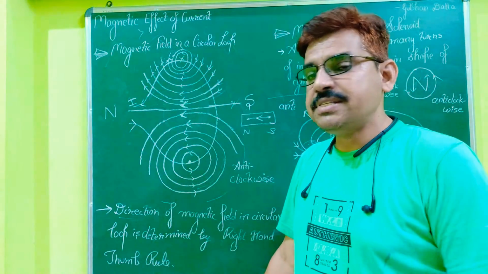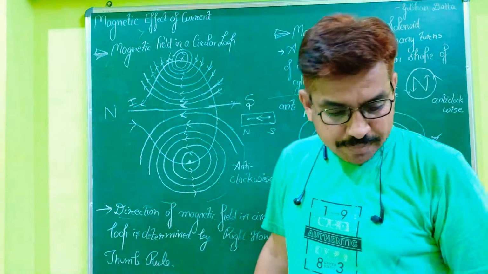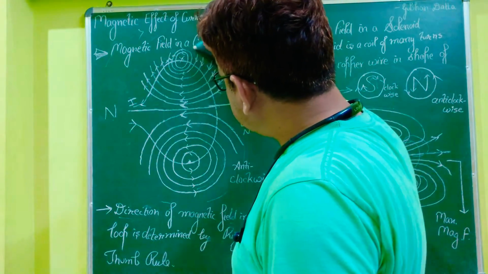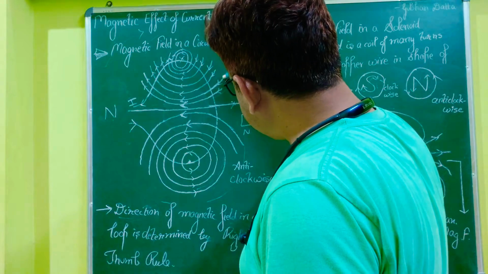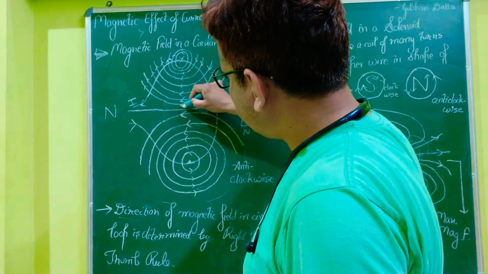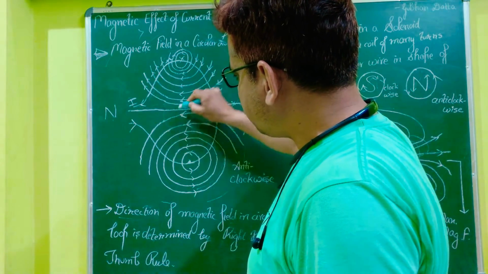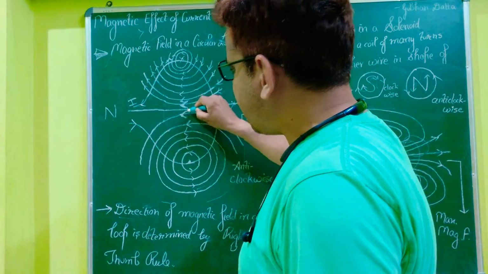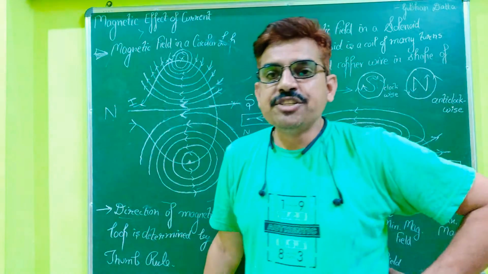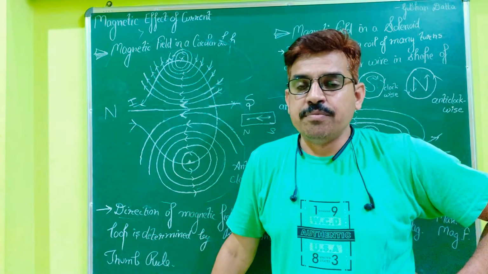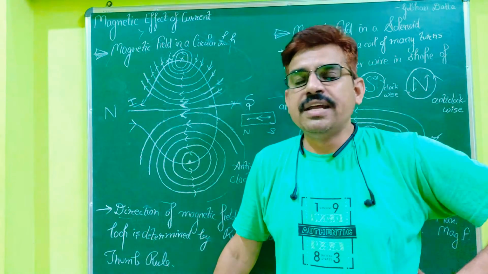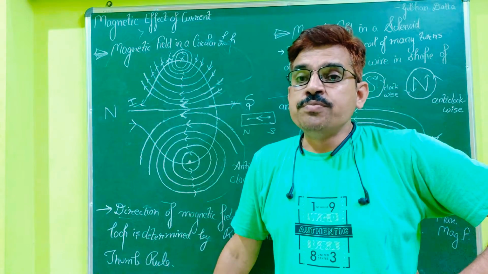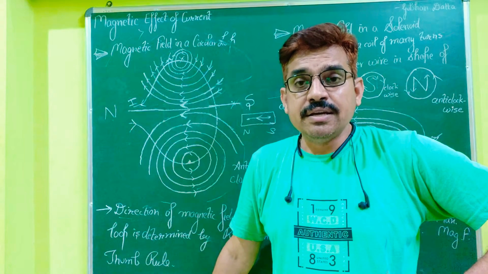But if we see in both the cases, what is going to happen here? In both the cases this is the direction of the magnetic field, but inside the loop the direction is the same. It means that inside the loop the direction of the magnetic field lines is the same. So if the magnetic field directions are the same, the magnetic field inside the loop will be more.